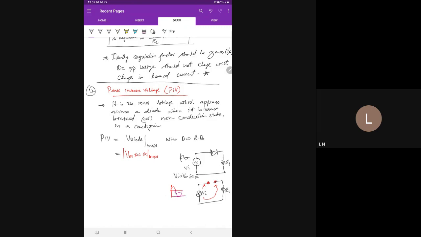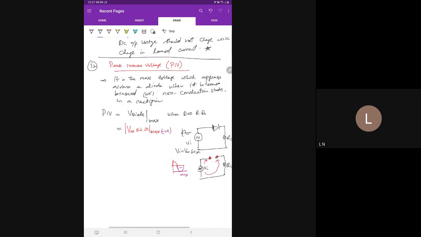This is the maximum negative value. So peak inverse voltage is the maximum negative value that is applied on the diode, or that a diode can bear.